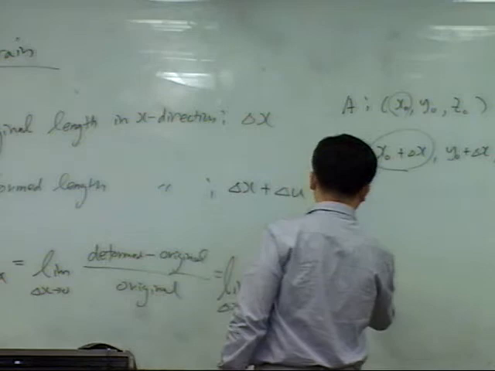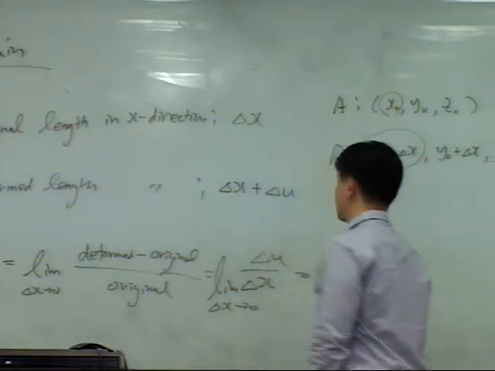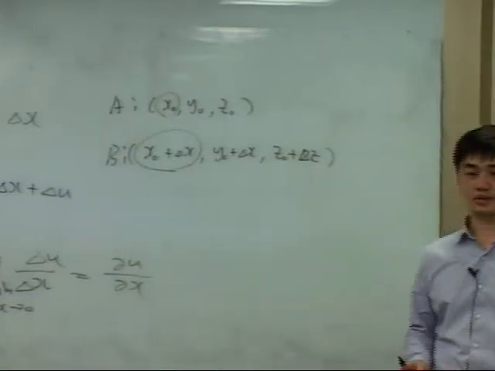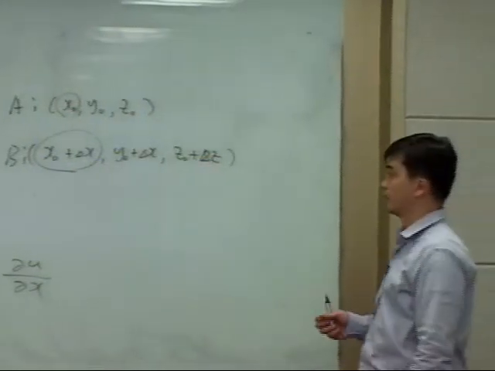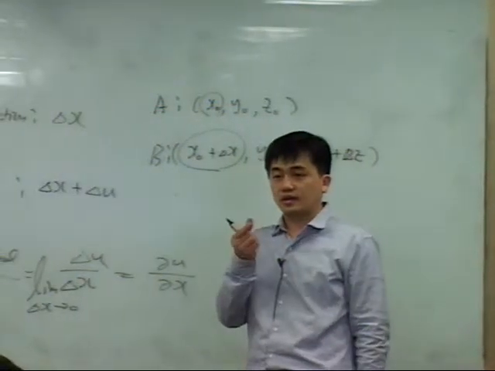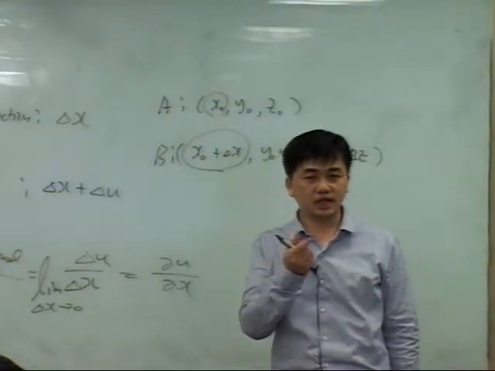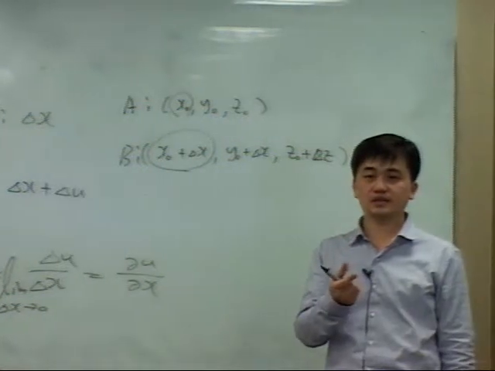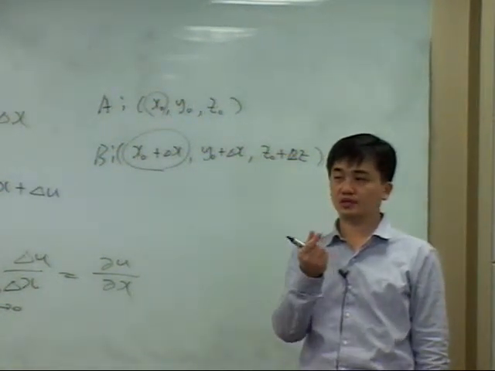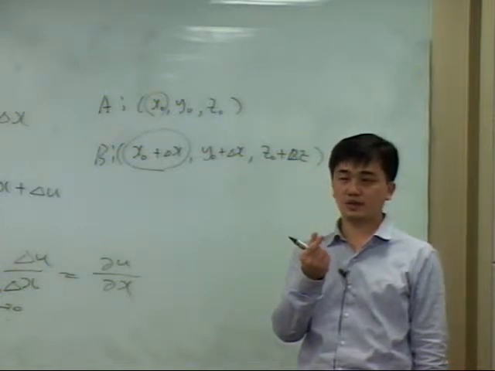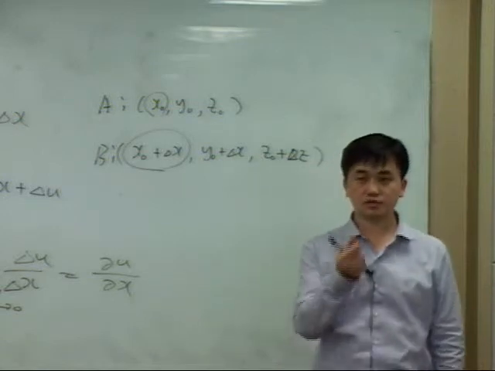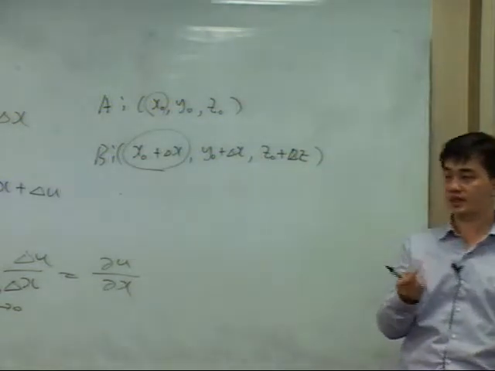This will be partial u over partial x. So strain xx means the change in length of a very small distance or small vector in the x direction.